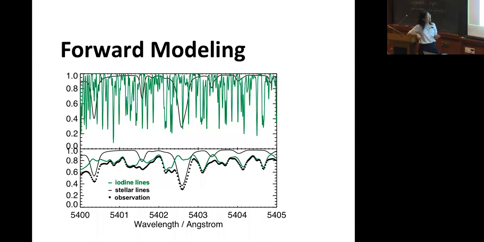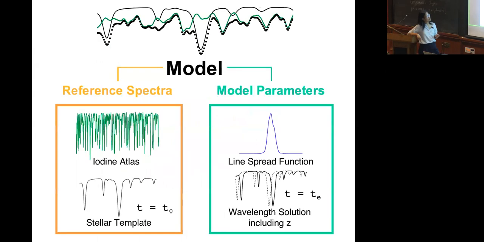Just to summarize this gruesome process, you're building a model, and you're trying to fit your observation. The model has two broad components. One is the reference spectra. You have your iodine atlas, or in general gas cell, and you have your stellar template. This is basically a star's true spectrum unbroadened by the spectrograph at an arbitrary epoch. This is your reference time frame.